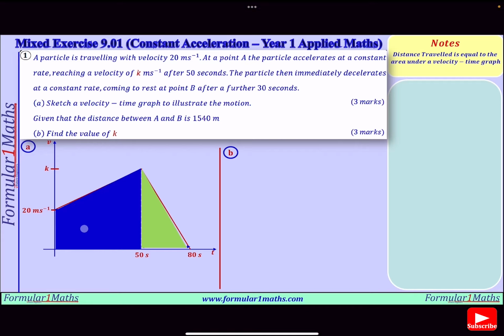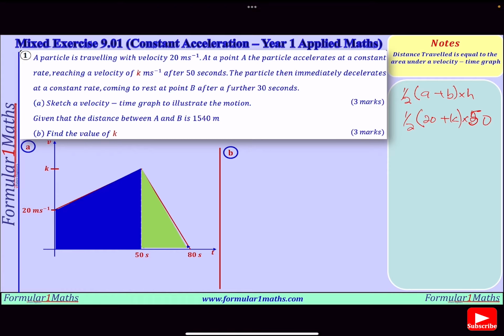The formula is half brackets A plus B times H. A is 20 meters per second, and B is k meters per second, because they are the parallel sides. And H, the perpendicular distance between the 2 parallel sides, is 50 seconds. So for this area, we have half bracket 20 plus k times 50.